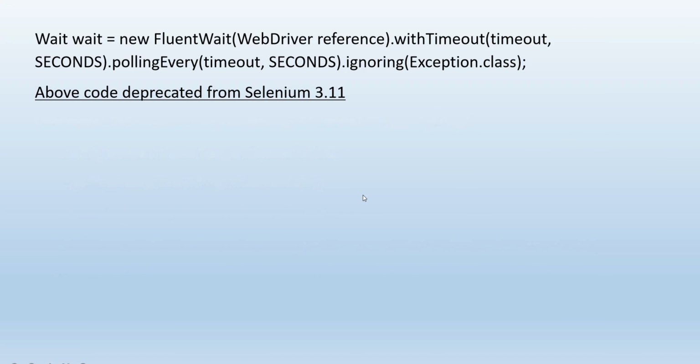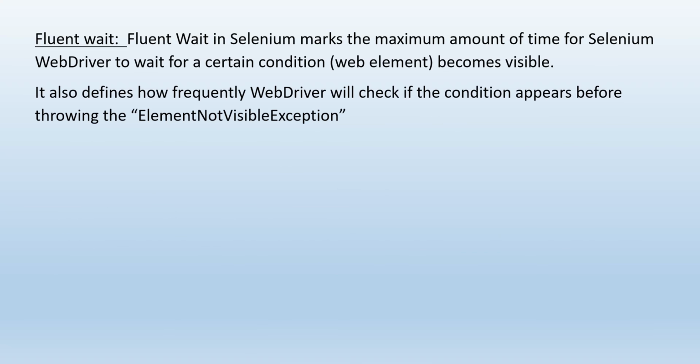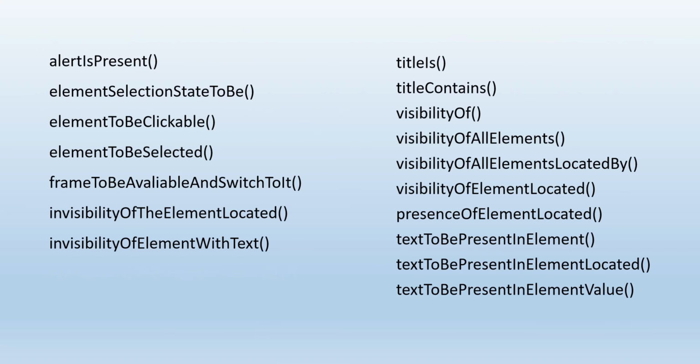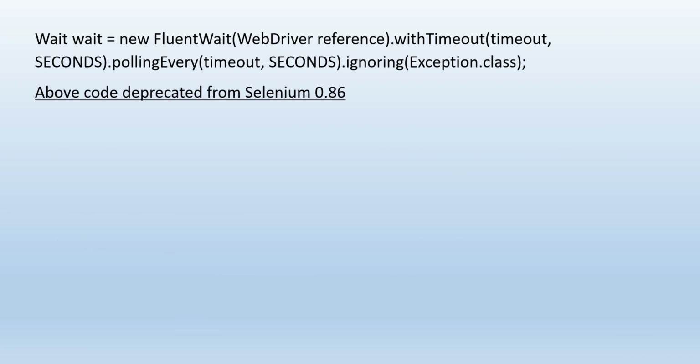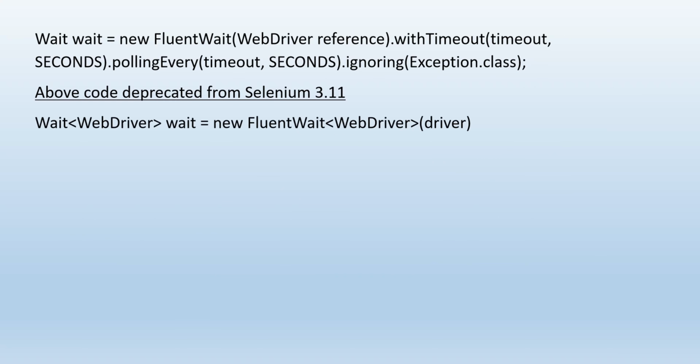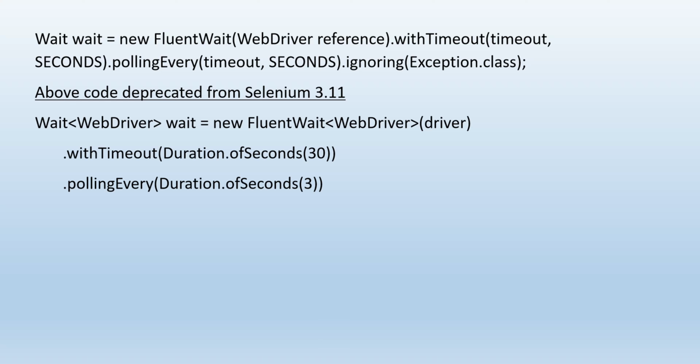Whereas in Fluent wait, the difference between the explicit wait and Fluent wait is that here we are using the polling time. That is, WebDriverWait wait equal to new FluentWait(WebDriver reference).withTimeout().pollingEvery().ignoring whatever exception we want.